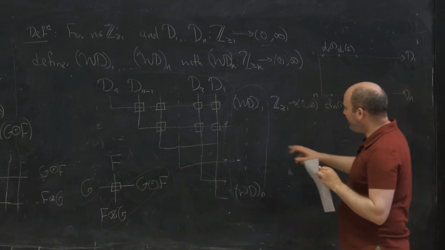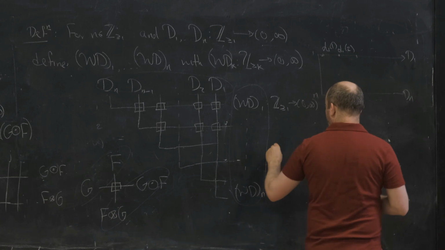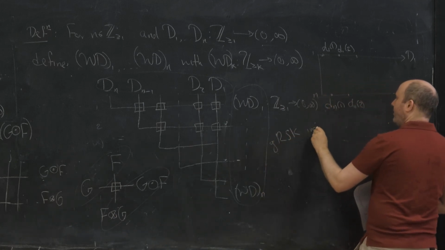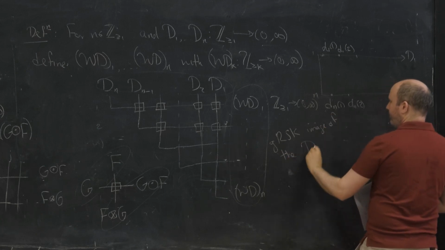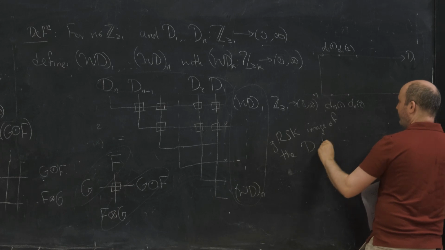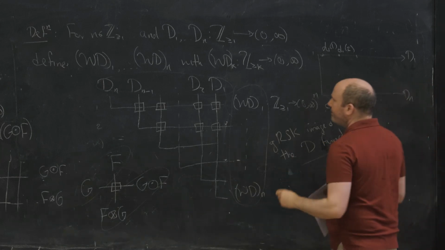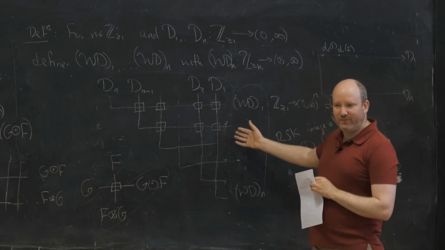So let me substantiate that. The claim is that this is basically the geometric RSK image of the D matrix, or the D functions. In what sense is that going to be true? This seems complicated, like you're doing all this stuff.